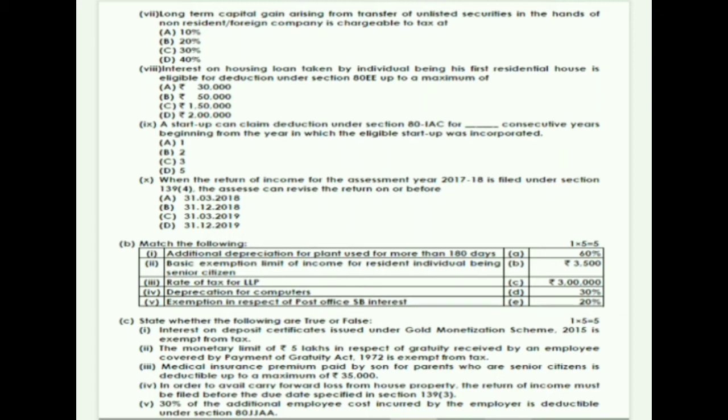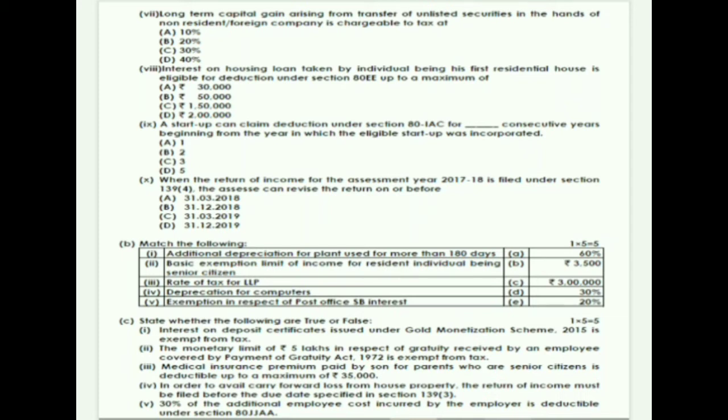Next question is the rate of tax of LLP. Guys, first of all, I would like to clarify that LLP stands for limited liability partnership. The taxation policy is similar to that of a partnership firm. From assessment year 1993-94, a partnership firm is treated as a separate taxable entity and has to pay tax on its income.